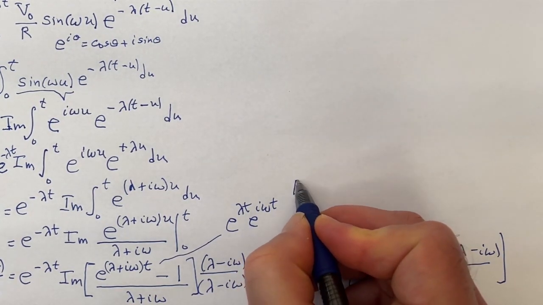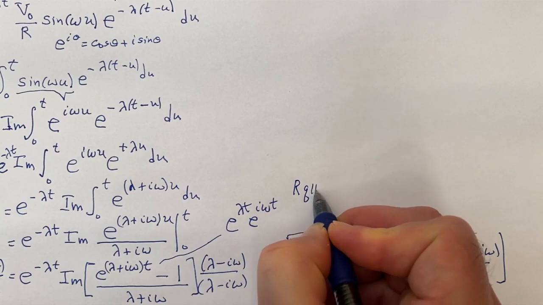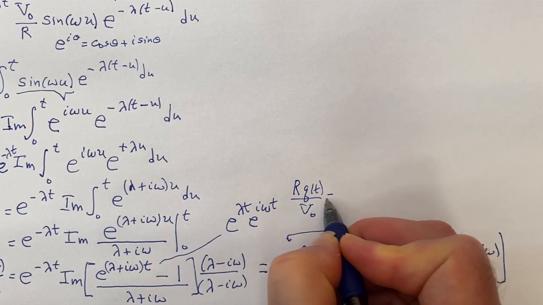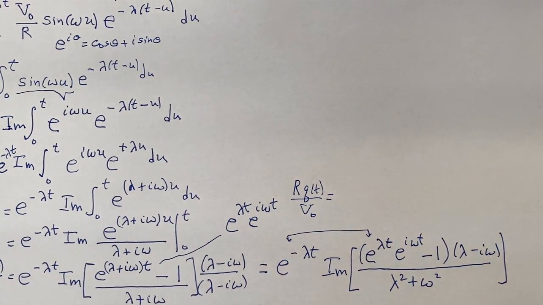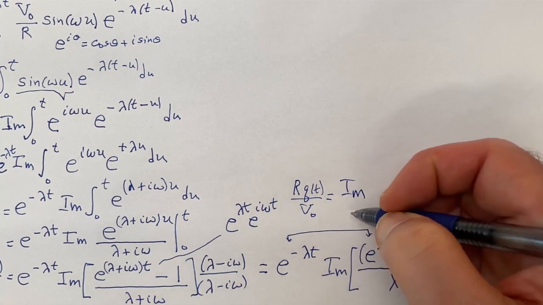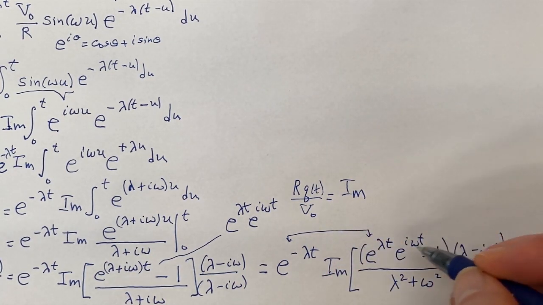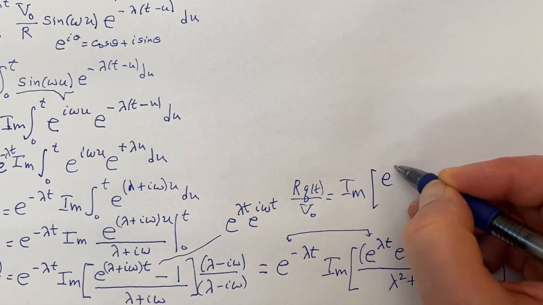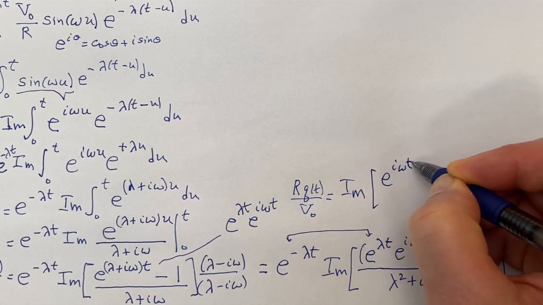So here, let's write out again. Big R, resistance, times Q of t over V sub naught equals. And the first, I'm going to go ahead and put this imaginary one here, but when that comes in there, this first term is going to have just e to the I omega t.